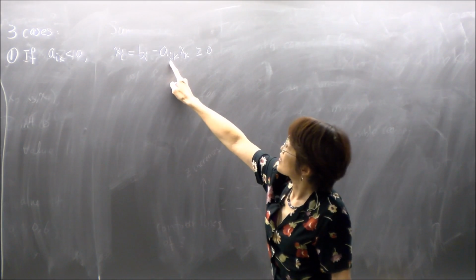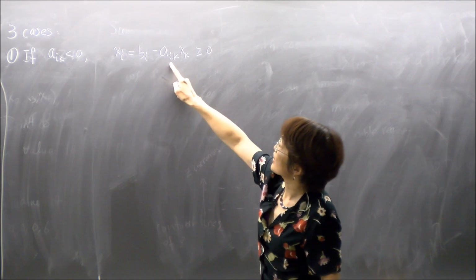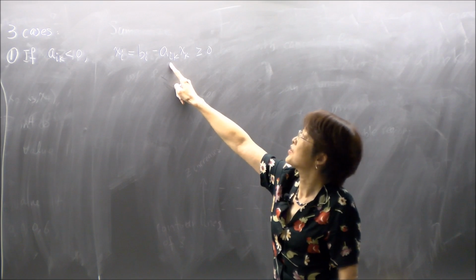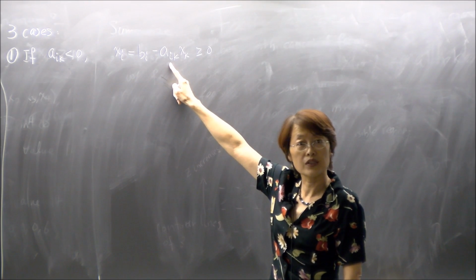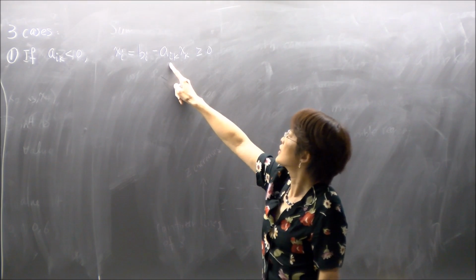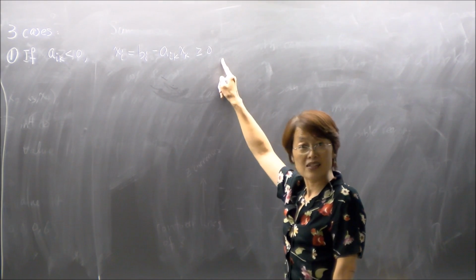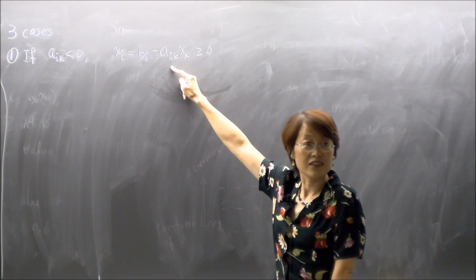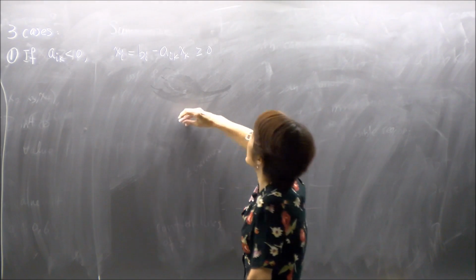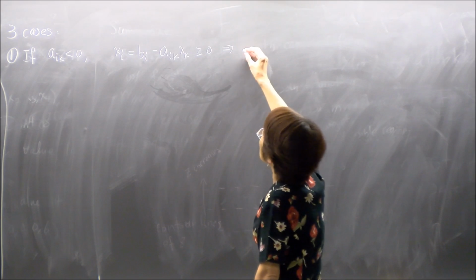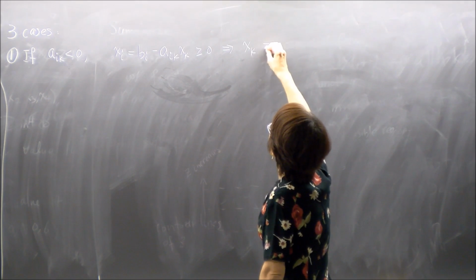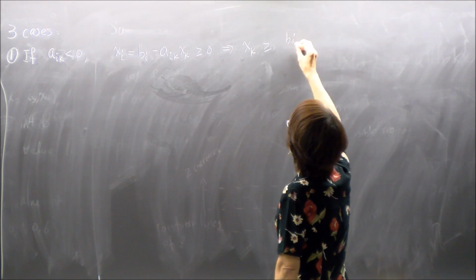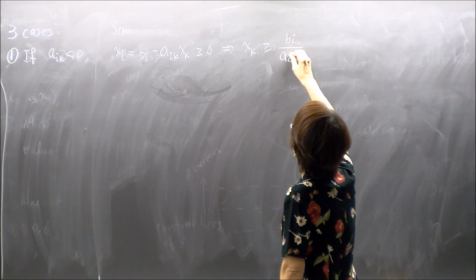And remember, this a is negative, so negative a is actually positive. Is that okay? So how do you solve this inequality? What condition do you get at the end? I could move the bi to the right-hand side, and then I have a positive coefficient. I divide both sides by it. Is that right? I keep the inequality. So this will give me xk shall be bigger than or equal to negative bi over aik. Okay, let me get rid of the negative sign.